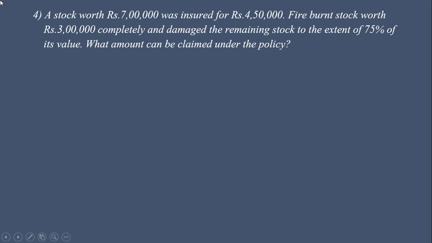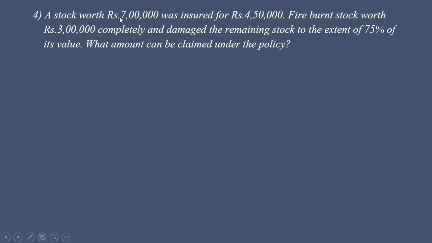Now we require loss. Now it is given that fire burnt stock worth rupees 3 lakh completely, that means out of this 7 lakh, stock of 3 lakh completely burnt. And second loss is due to damage to the remaining stock.